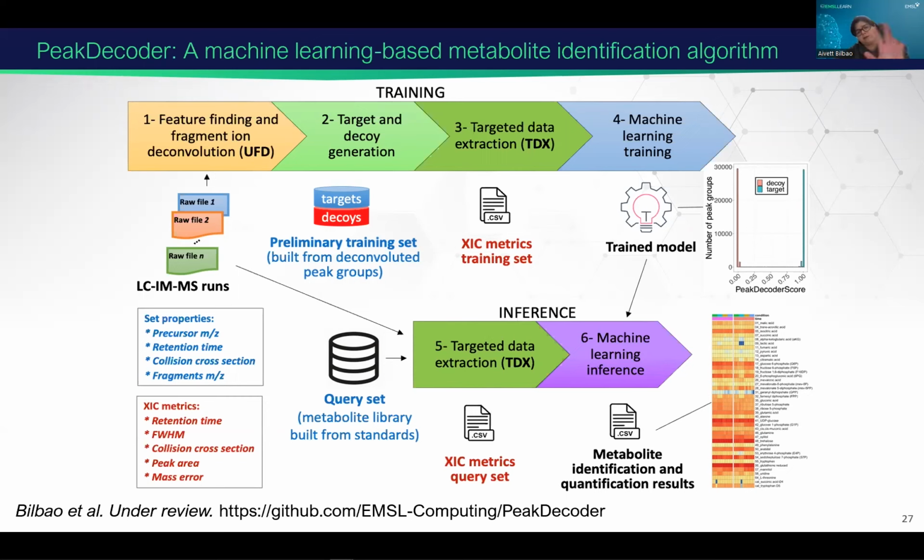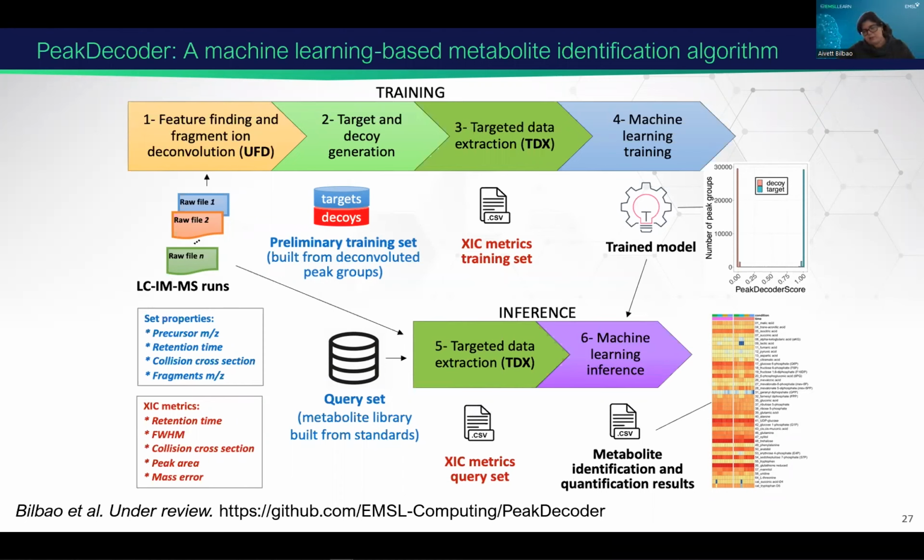In this workflow, we are processing the data first in an untargeted way, detecting and extracting precursors and fragments that coelute and have the same mobility, in a process called deconvolution. And then we use those to generate what are called decoys.